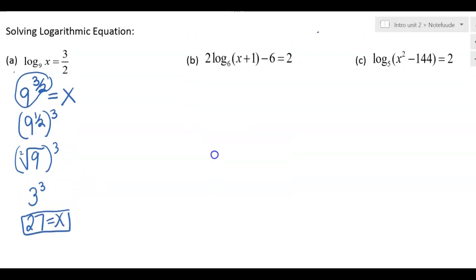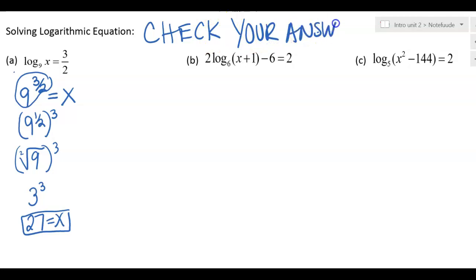Now, in these log equations, I want you guys to make a big note to check your answers. Not just because I want you to be good math students. You could literally do everything right and get an answer that's wrong with logarithms, because logs have certain things that can't be calculated. When you guys just did the examples up on the board that we did, which logarithms could you not calculate?